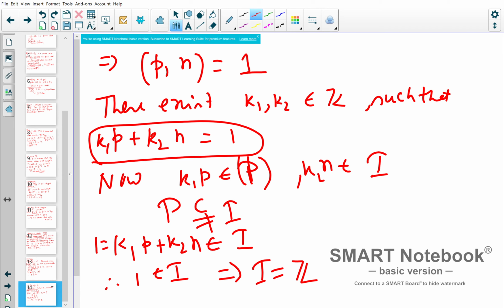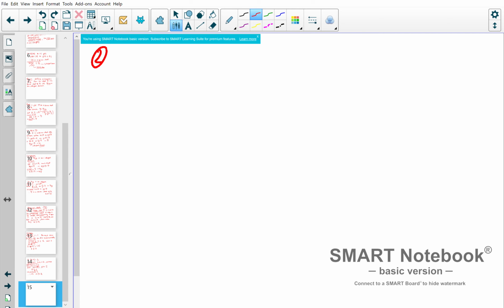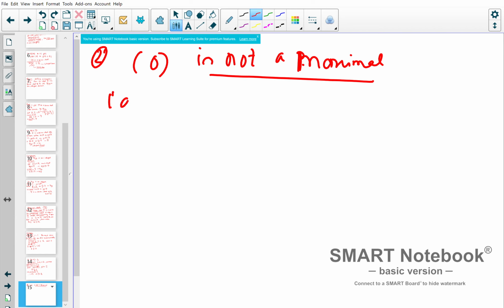So the non-zero prime ideals are also maximal ideals inside Z. Now check this example 2: the ideal 0 is a prime ideal, but not a maximal ideal.